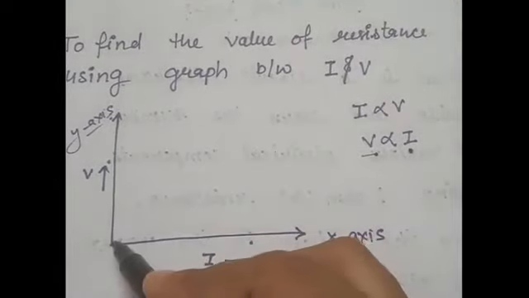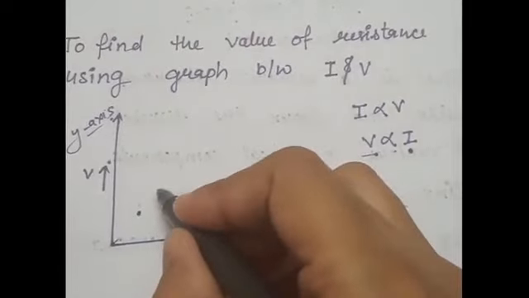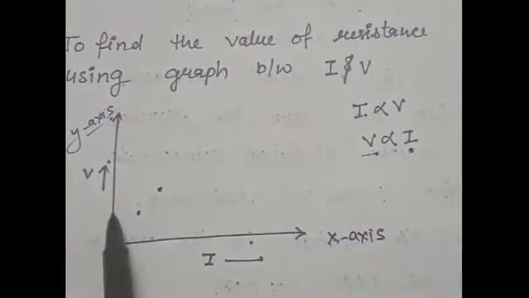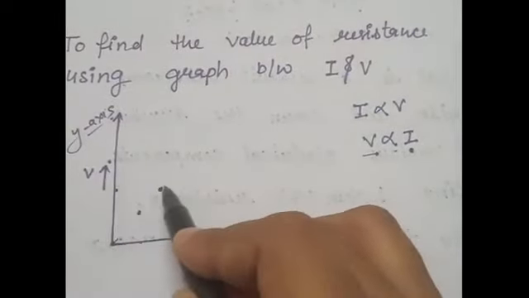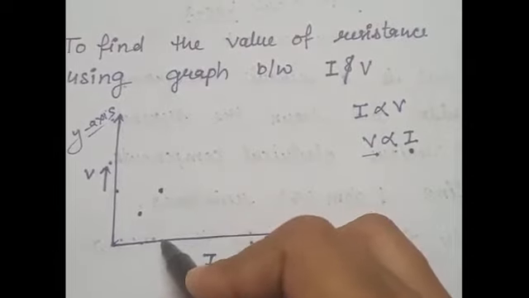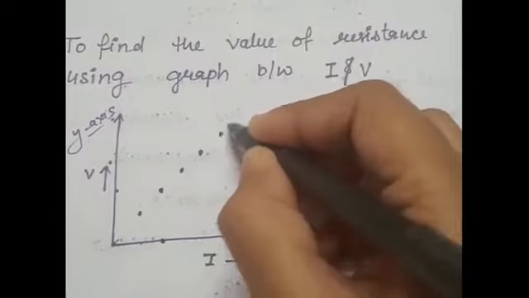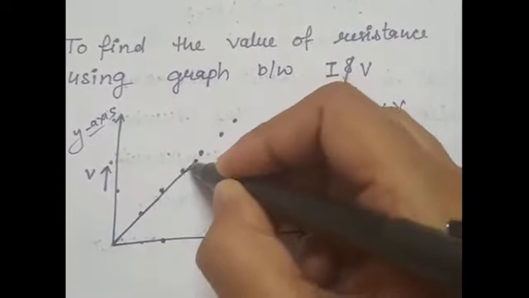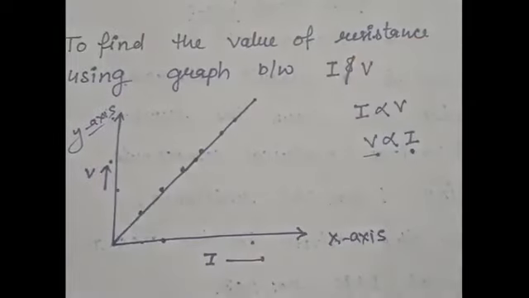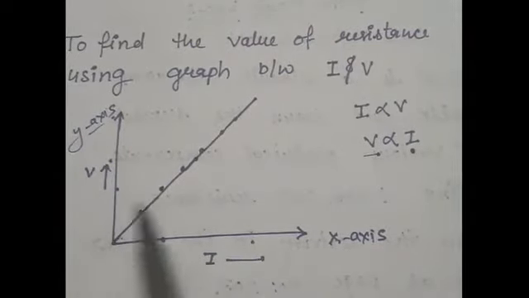So when we are taking readings, the same way we will have a linear line which will show the proportionality relation between the current and the potential difference.